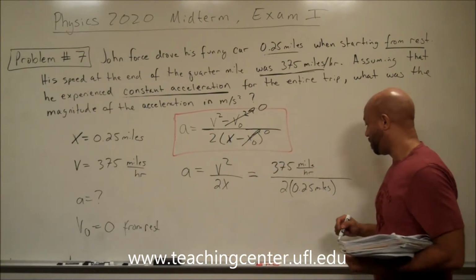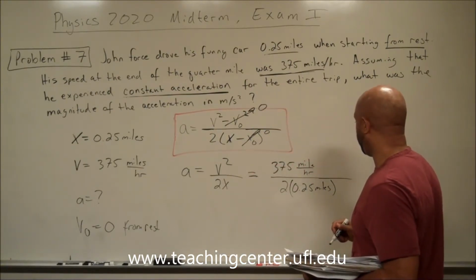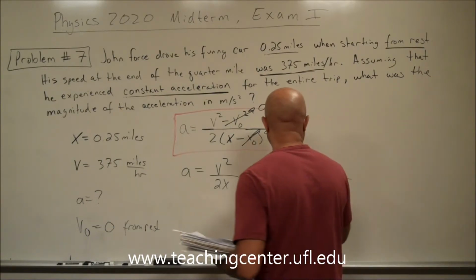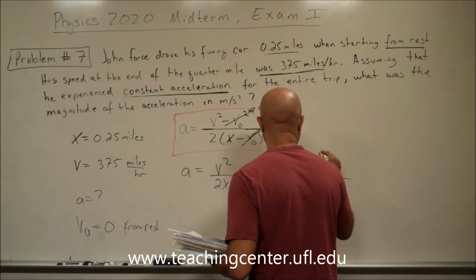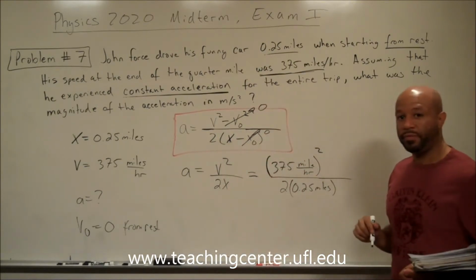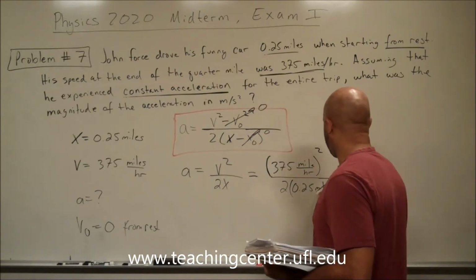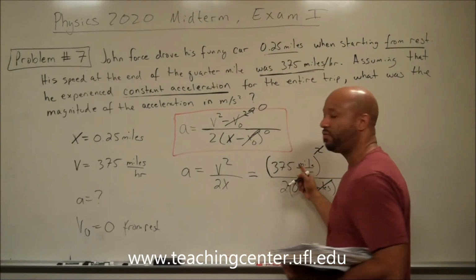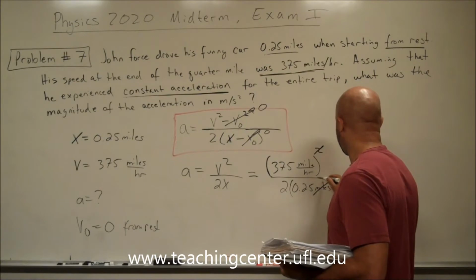And this is actually squared. Okay, that's important. All right? And so we know that this miles is going to cancel out with one of those miles, so we're just left with miles in the numerator.